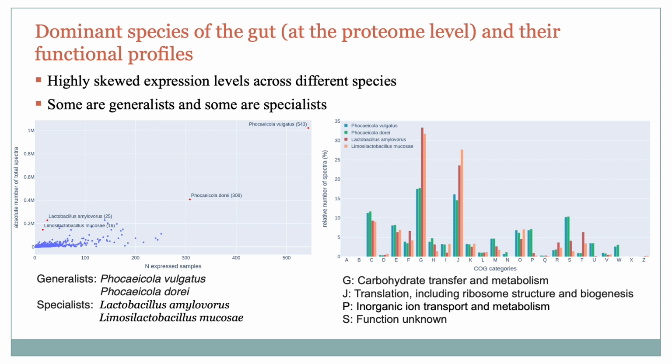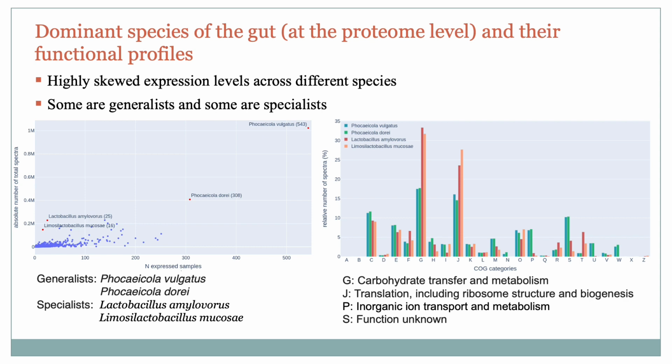We also found some species that are highly expressed, but only in a much smaller, more focused list of samples, so they might be more related to some diseases. We show that these specialists and generalists have different functional profiles of expressed proteins. We show a couple of examples here.